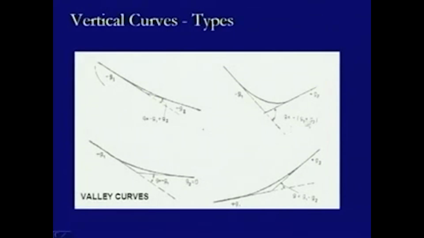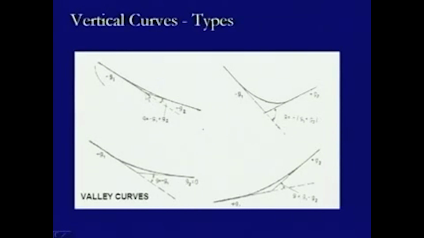So, these are the different conditions of summit curves. Now, let us look at similar different conditions for the valley curves. In the case of the valley curve, what we are looking at is that they are mostly associated with the down gradients. Here we see that there is a down gradient which is again followed by a down gradient. So, this is minus G1 and this is minus G2, and they are meeting at this point.